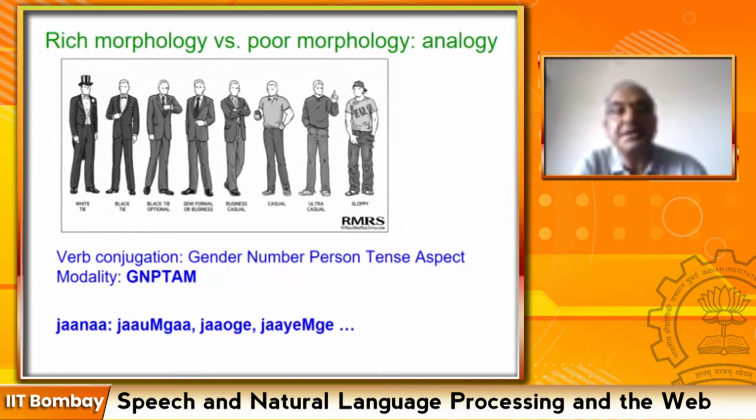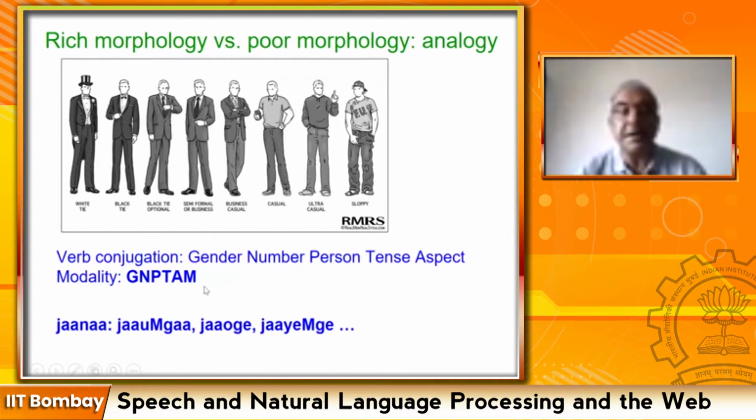So, in the last class, we made some remarks about the morphological processing and the morphological phenomena for the language. And we took this analogy of dressing for different occasions. The word also dresses itself, that means gets morphologically transformed depending on different situations.